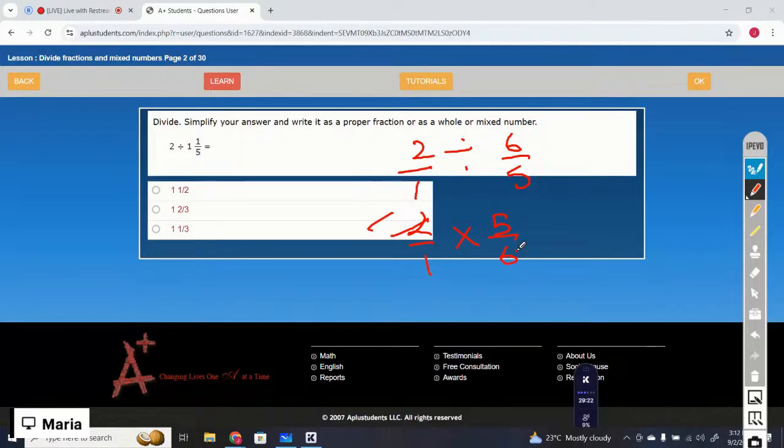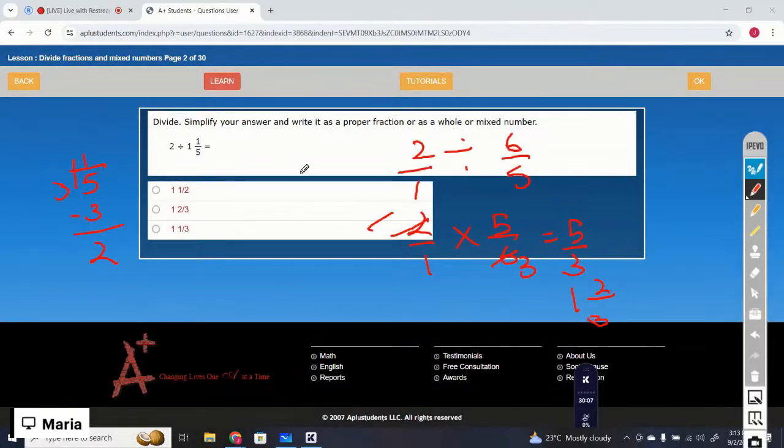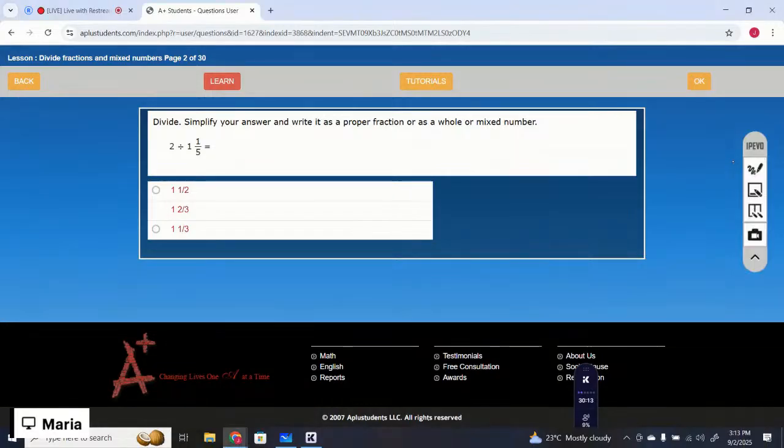Just divide by 3. 3 times 1 is 3. 5 over 3 is 1 whole 2 over 3, which is the correct option. Option 2 is the correct option.